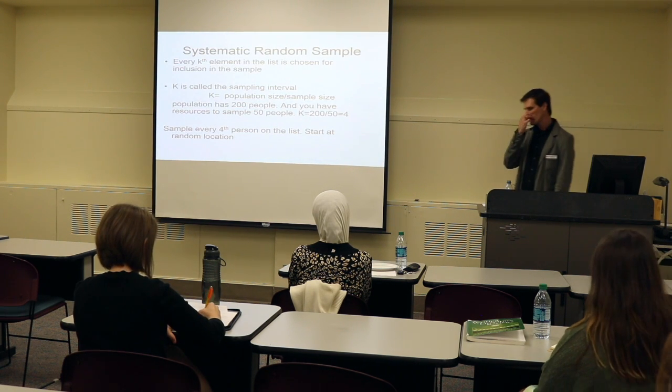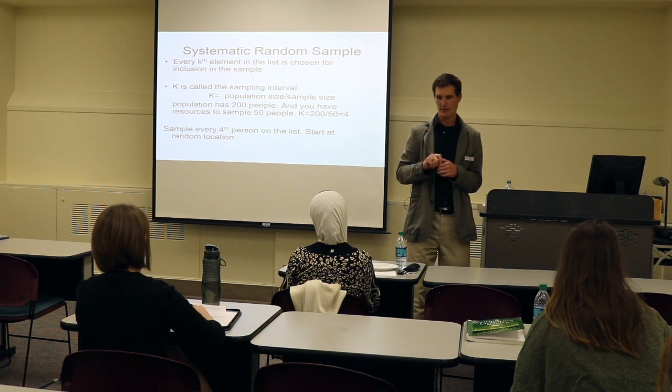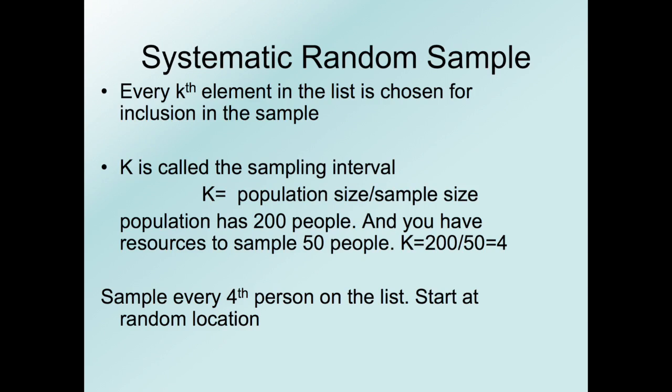The systematic random sample is really just a little bit of an extension beyond that. This is where you might have a list, right, from an organization, a list of employees or a list of students at a university, and from that list, you want to randomly select individuals to include in your study.